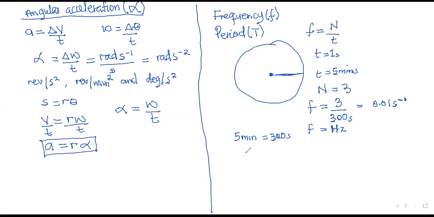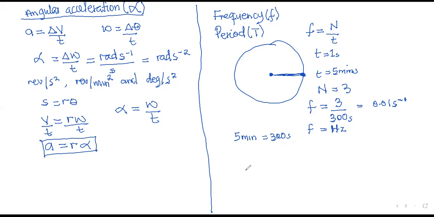If I want to calculate the time taken for each complete revolution, how do I determine that? In all, she used 5 minutes, which is 300 seconds, to make 3 revolutions. If I want to calculate the time she took to make one complete revolution, class, how do I determine that? Somebody should help.